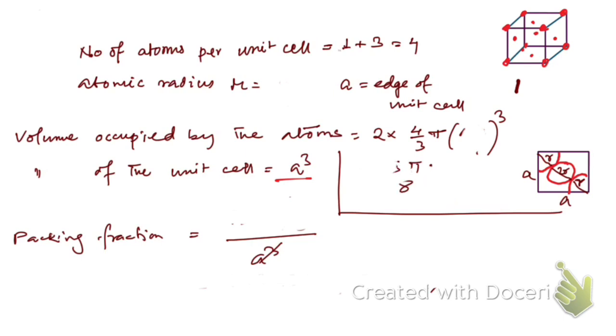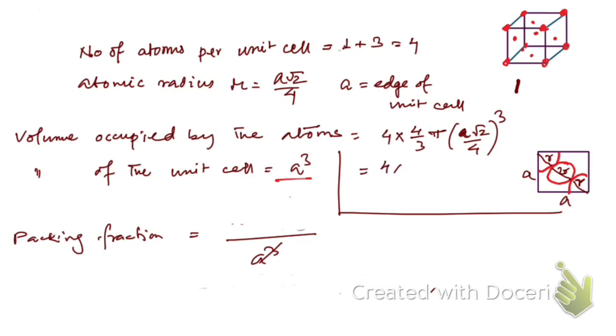So if that is the case, then the radius is what we have got now, a root 2 by 4. Here the number of atoms we have got is 4, so let's put here 4.